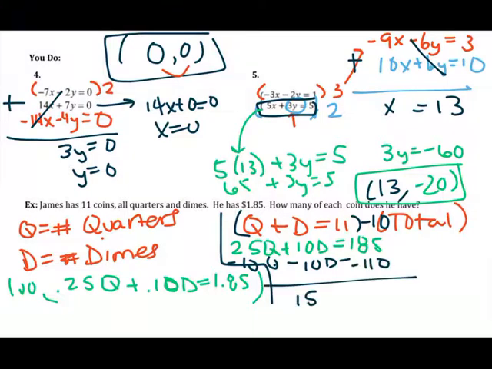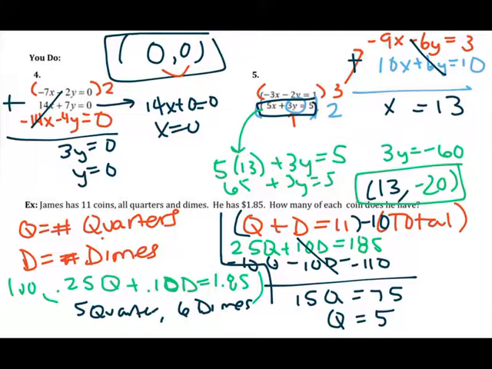That's going to give me 15Q equals 185 minus 110, 75, which means that Q is going to equal 5. So he has 5 quarters. If James has 5 quarters, how many dimes does he have? Well, there are 11 total coins, so he has 5 quarters and 6 dimes.